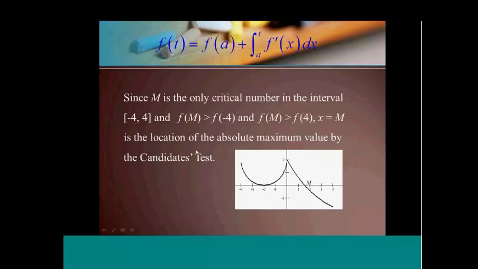So they've shown, really they're doing the candidates test here, that the only critical number is bigger than the values at both ends, and therefore it must be the absolute maximum by the candidates test. So I kind of like that idea. It's way too much work for the problem, but still it's kind of a neat idea, I thought.